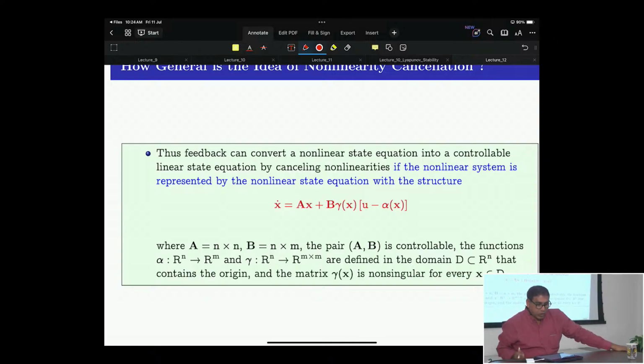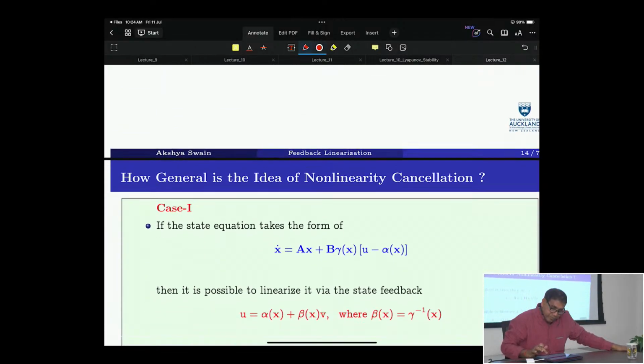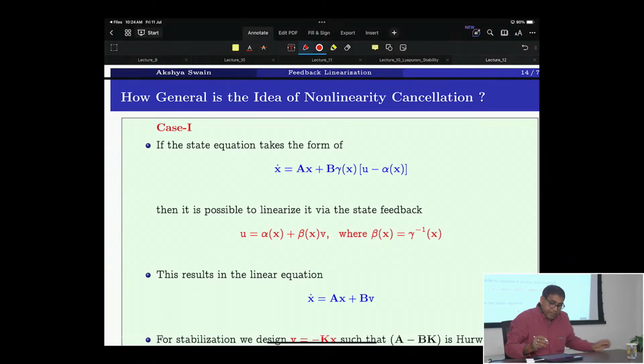Okay? So see here, this is clear. If the state equation is x dot equal to ax plus b gamma(x) into u minus alpha(x), it is a nonlinear system, right?